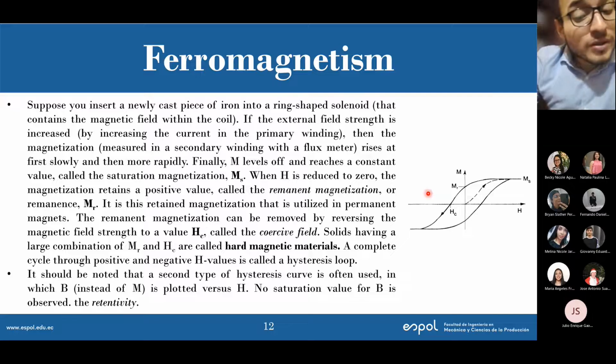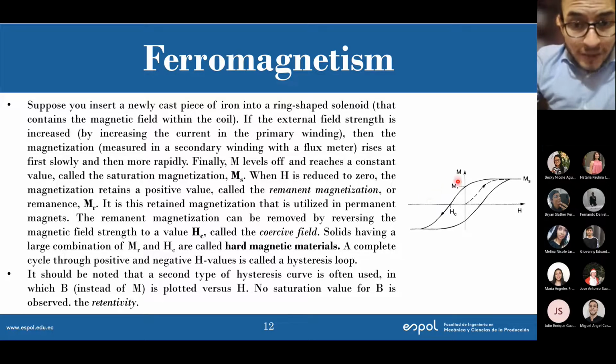If you remember from your ceramics course, we saw 2 types of magnets, permanent and non-permanent, or as we call them, hard and soft magnets. This remanent magnetization is the one in hard magnets, and that's why they are called permanent magnets, because they have this remanent magnetization.